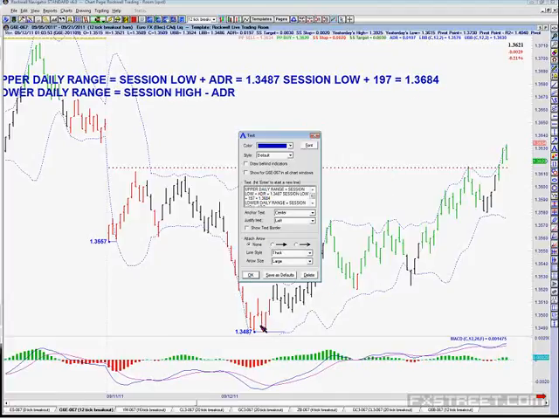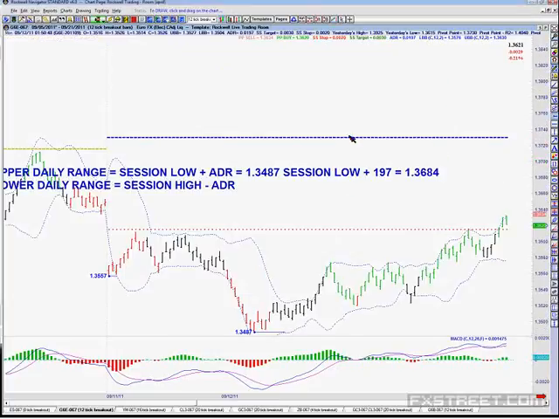So from this low, if this low changes, then we make an adjustment. But right now, with the market trending up, 34.87 up to 36.84. Here we go.